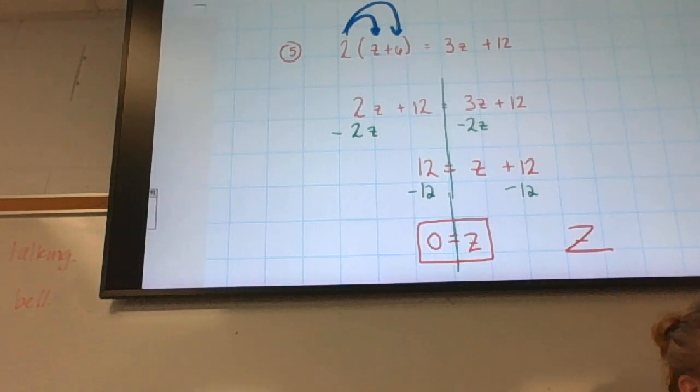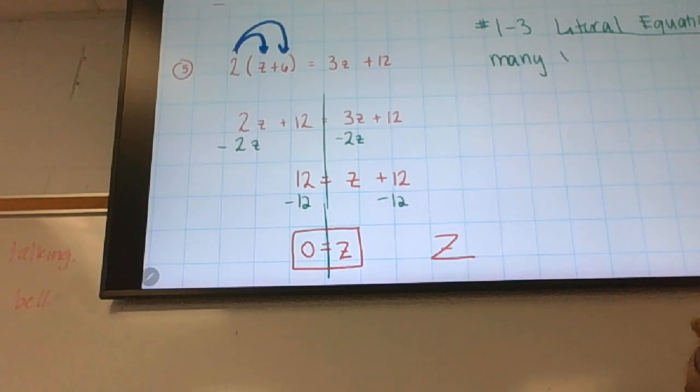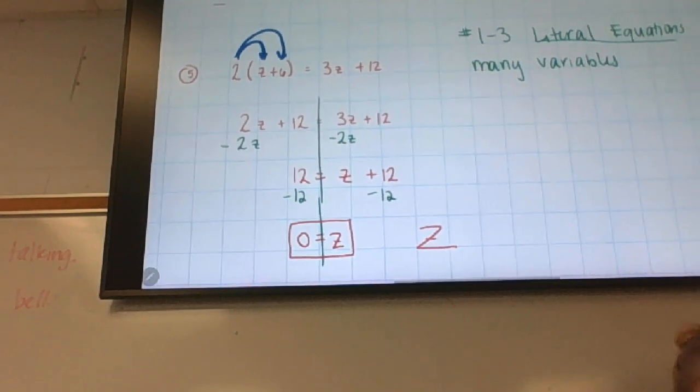All right, I'm gonna head to number 1 now and do some of those. It's called literal equations. I'm gonna do 1 through 3. And for all of this, when we did this before, it's many variables. And you're not actually solving. You never know what the letter equals.